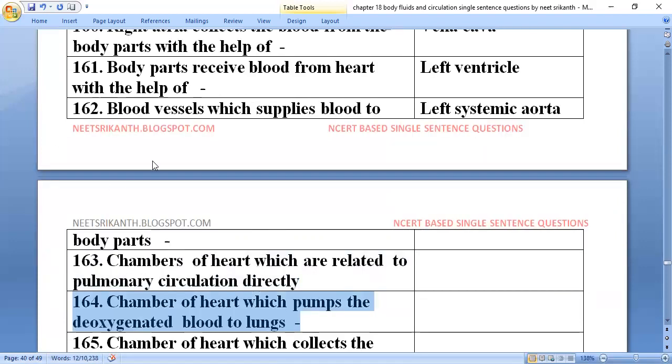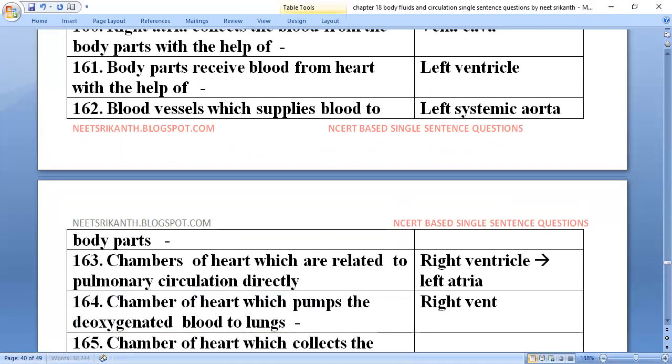Chambers of the heart which are related to pulmonary circulation directly: it starts from right ventricle, goes through pulmonary aorta, lungs, pulmonary vein, and we reach left atria. Chamber of the heart which pumps the deoxygenated blood to lungs is the right ventricle.